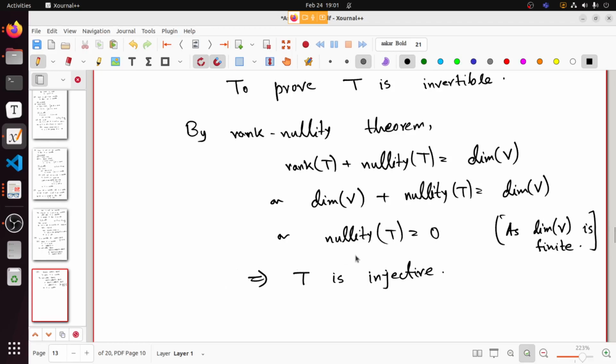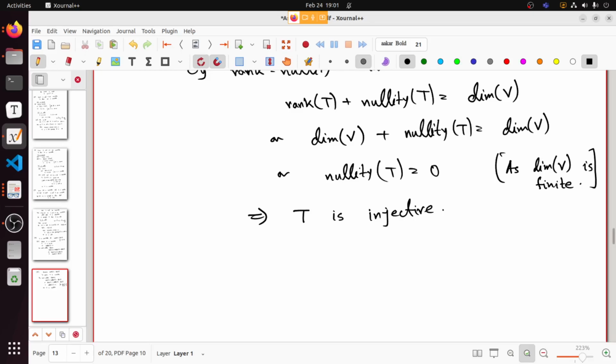And it was also done in the class that if T is injective, then T is invertible, which implies T is onto, right? This is just the application of rank nullity.